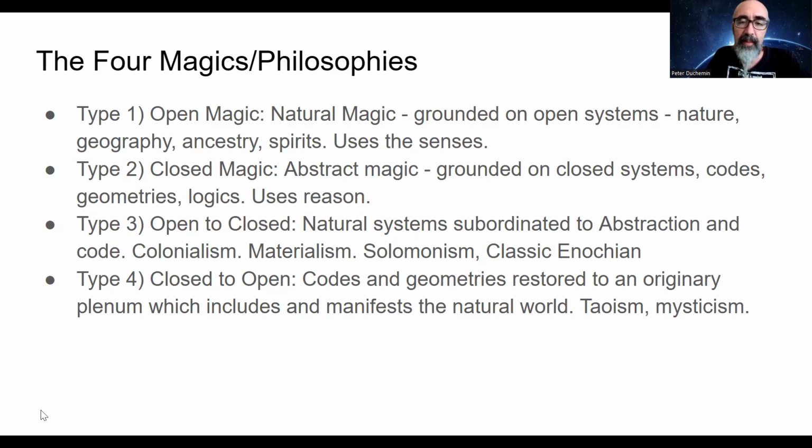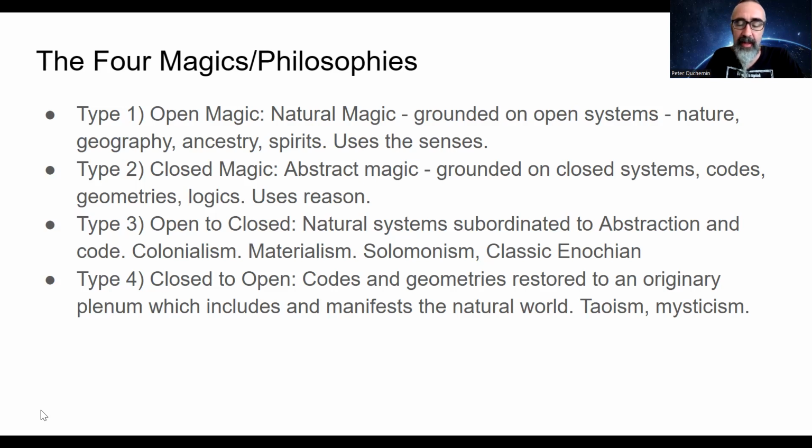And so I think type 3 and type 4 are going to be way more common than type 1 or type 2, because it's hard to imagine a pure open magic that doesn't even recognize closed systems, and it's hard to imagine a pure closed magic that doesn't even recognize open systems.